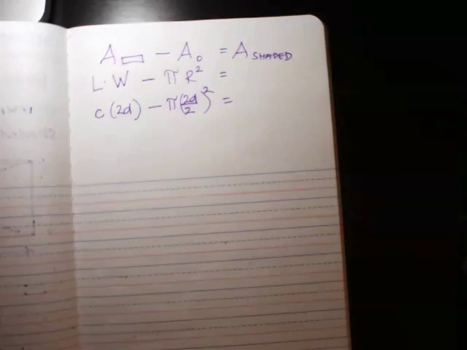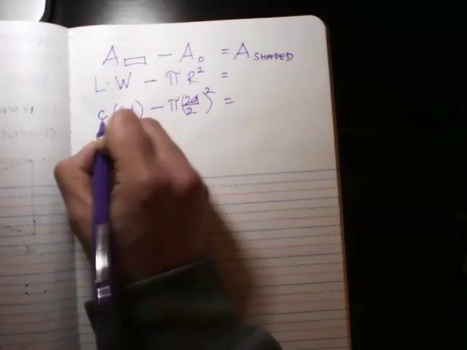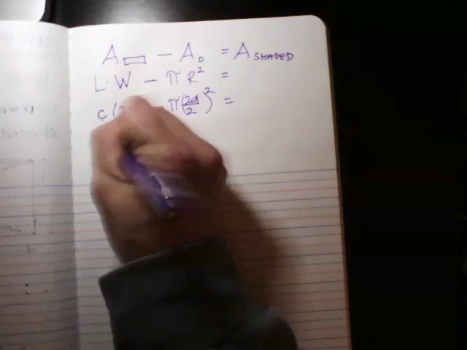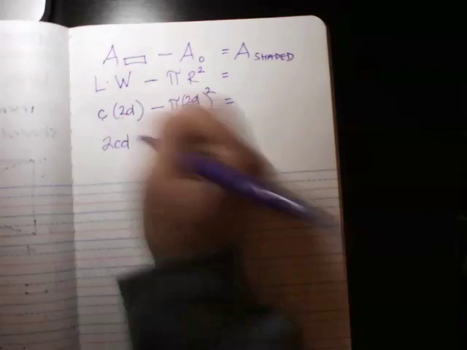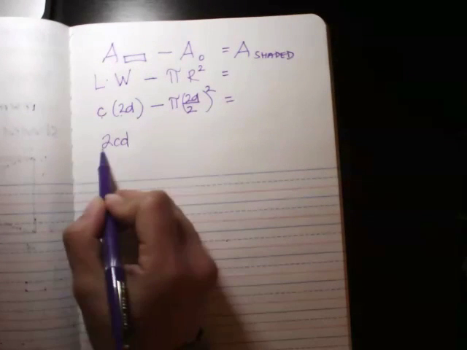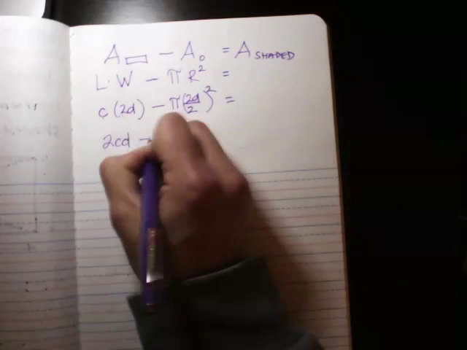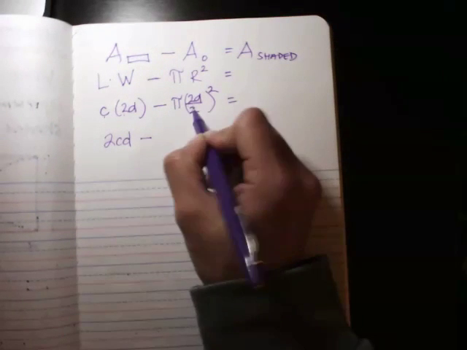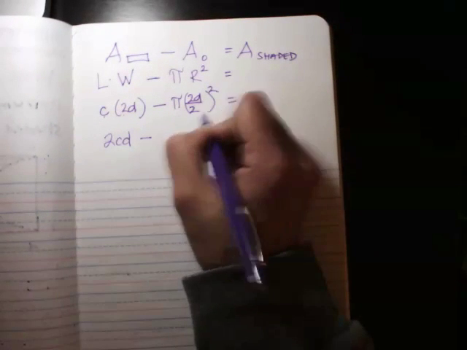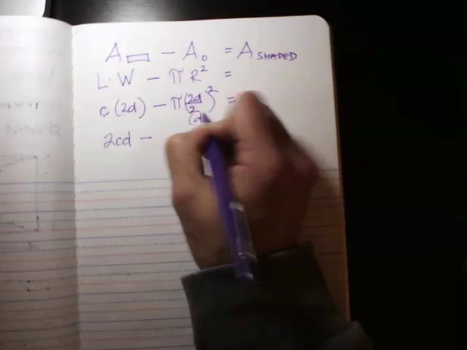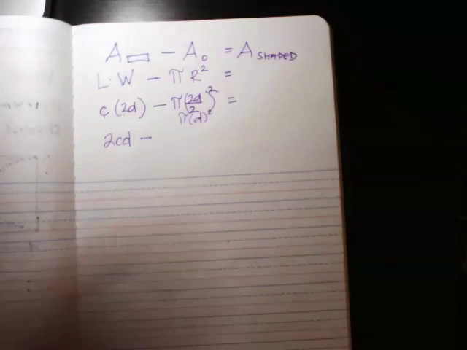So let's simplify these just a little bit. c times 2d, I'm going to put the coefficient first, make sure it's in alphabetical order, 2cd, minus, okay, 2 divided by 2 is just 1, so that's d squared times pi.